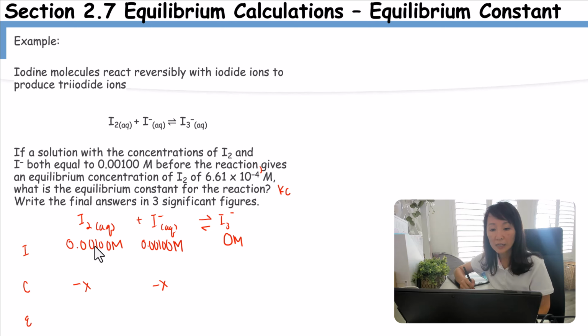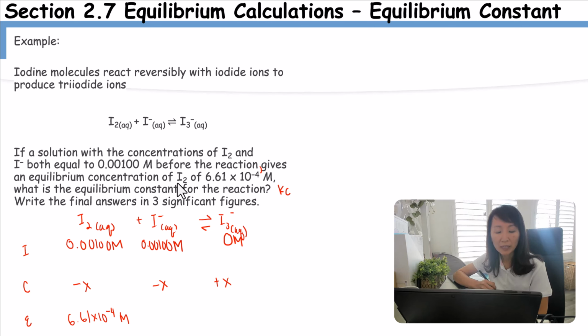Whereas on the product side, it's going to be a positive X, meaning that it's going to add on to it however much that X is. The nice thing is that it actually gives you the equilibrium concentration of I2, which is 6.61 times 10 to the negative 4 molarity. That is the information we know so far. We can dive into finding out the information for the iodide ion on the reactant side and the product side as well. And here is how.